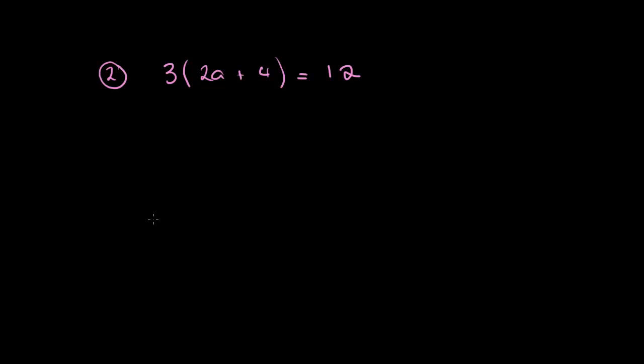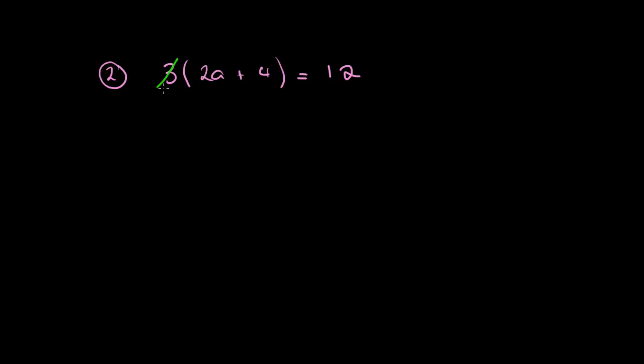This question has 3 outside of 2a plus 4, so that means 3 times whatever's inside the brackets equals 12. Now, your first option, if you're not really sure what to do, would obviously be to expand the brackets, and then you would have a very similar question to what we've done before. But this time I'm going to do it a quicker way, I guess.